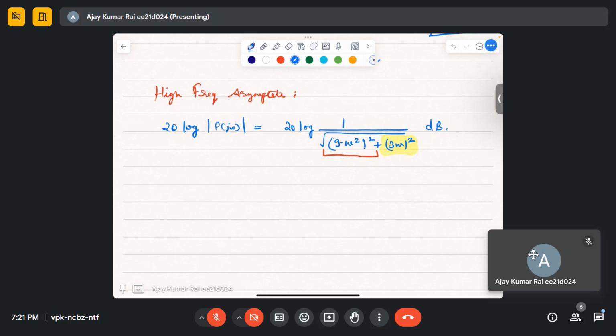So what you can see, for very large values of omega, the first term will be omega square because I am neglecting 9 as compared to omega square.